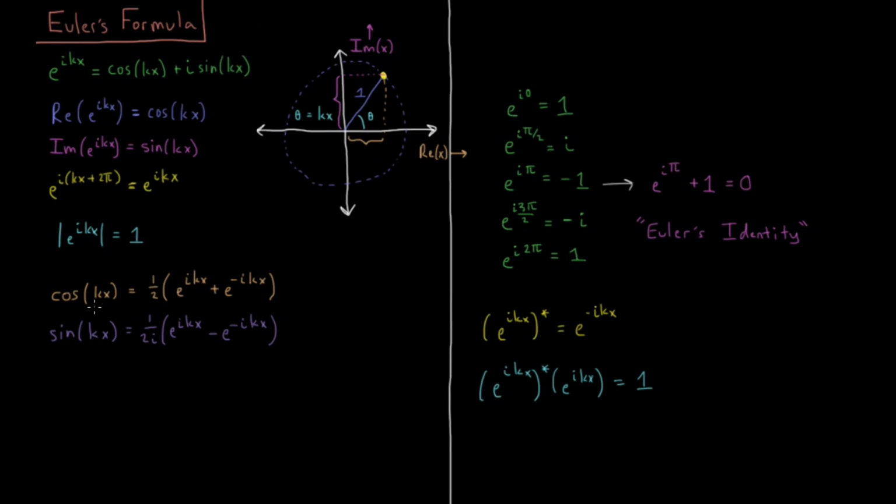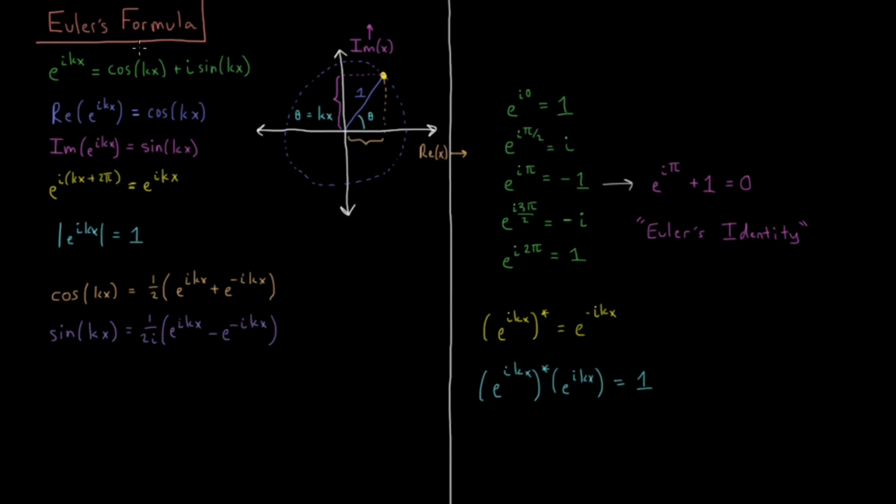Another thing we can derive from this relationship is the values of cosine and sine in terms of these complex values. So e to the ikx plus e to the minus ikx over 2 is the real part of e to the ikx, which is cosine. So cosine is e to the ikx plus e to the minus ikx over 2. Similarly, sine is the imaginary part.